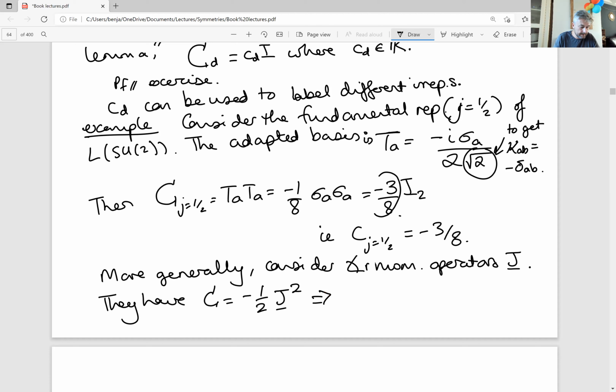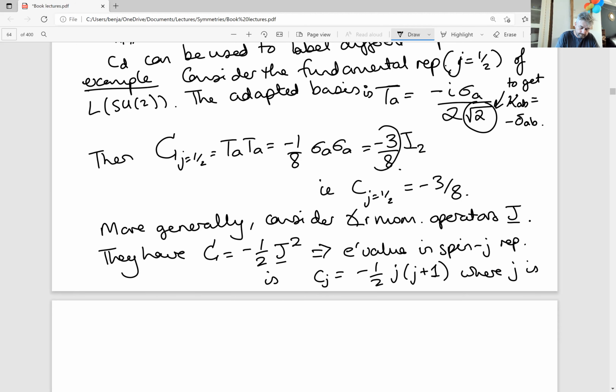And so this implies that the eigenvalue in the spin j representation, c_j, is minus 1/2 times the eigenvalue of this big J squared, which we know from physics is j times (j plus 1), where little j is the total spin. Good.